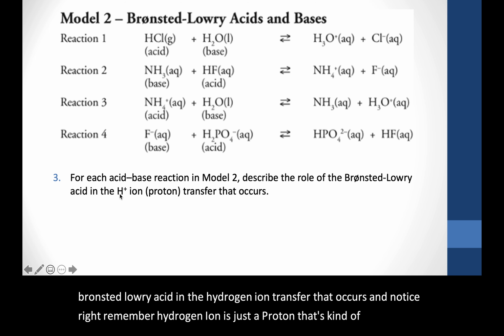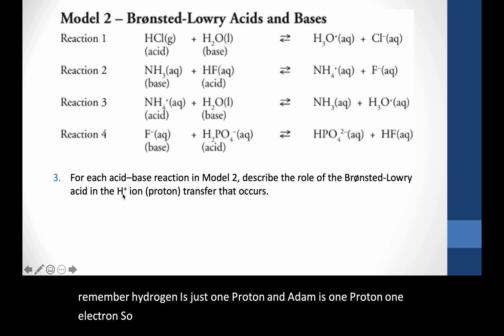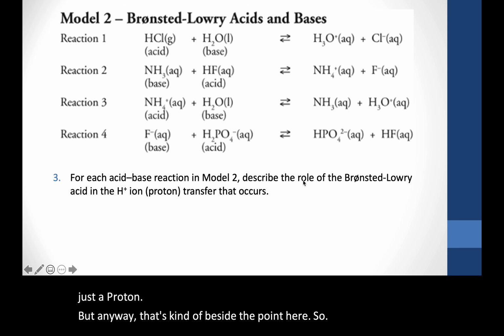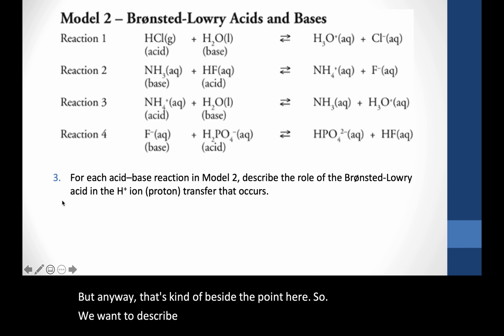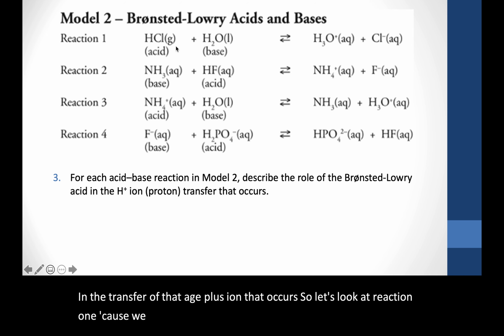Hydrogen is just one proton. An atom is one proton and one electron. So if it's a hydrogen ion and it lost that electron, it's literally just a proton. But anyways, that's kind of beside the point here. So we want to describe the role of the Bronsted-Lowry acid in the transfer of that H plus ion that occurs. So let's look at reaction 1, because we just looked at that.